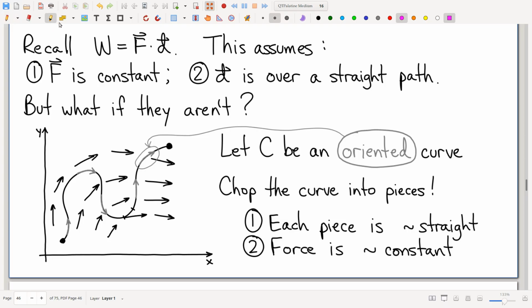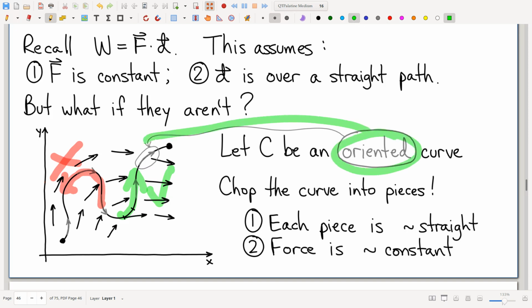So, by the way, a little terminology. The fact that the direction matters, the fact that we view this curve as going that way and not that way, we call this an oriented curve.